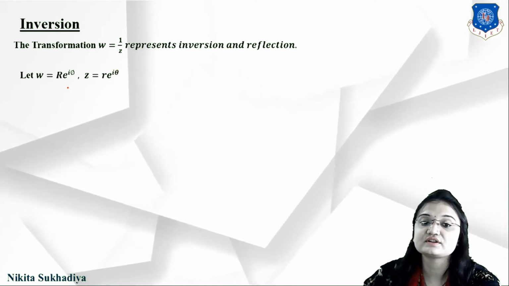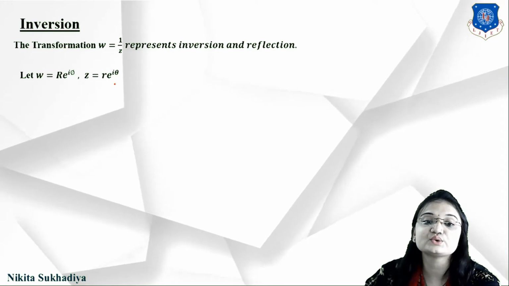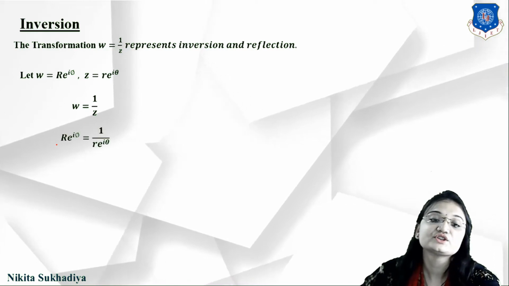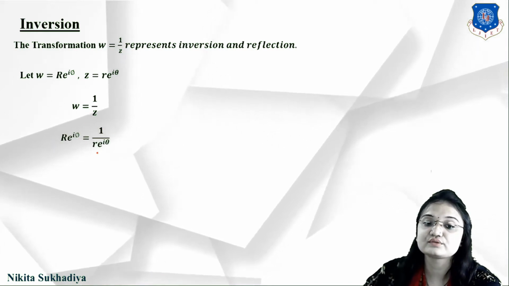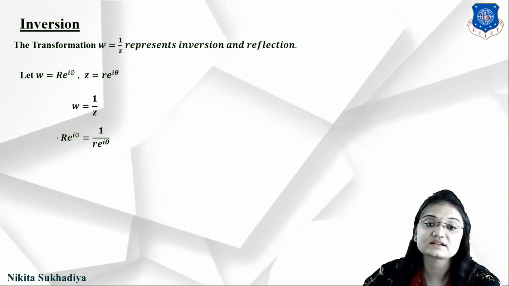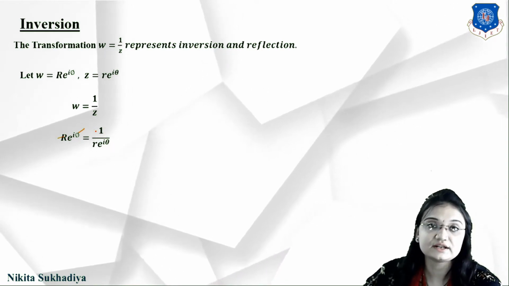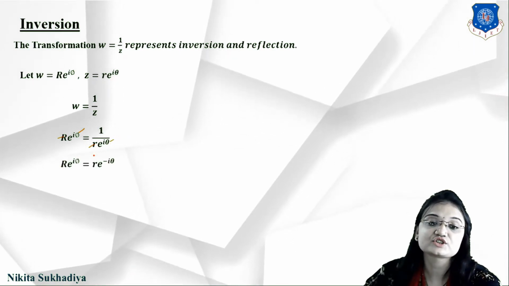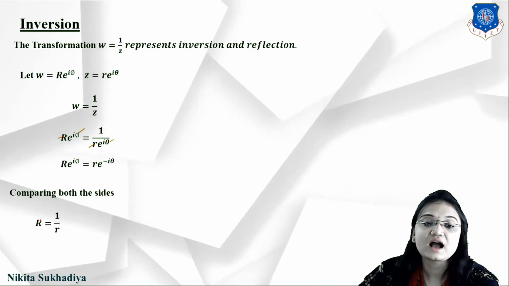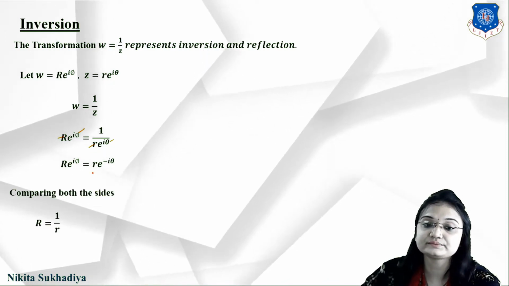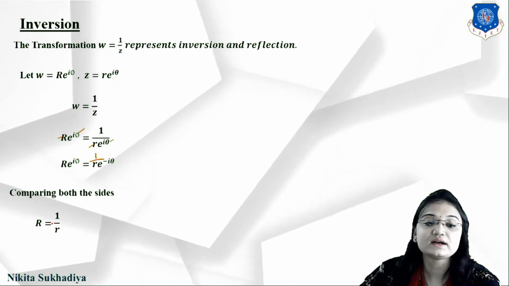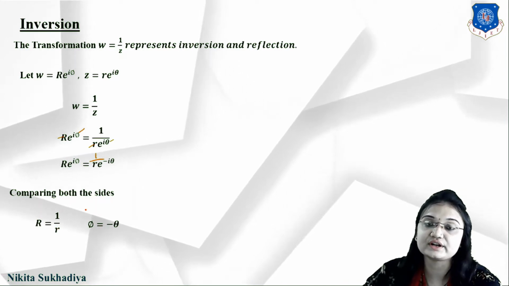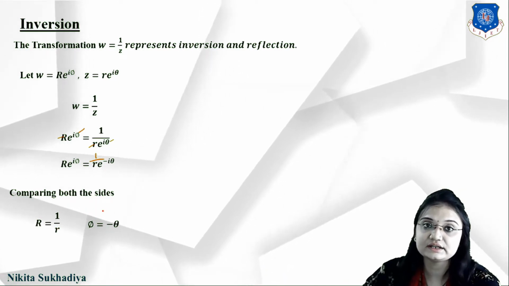Here we have W = R e^(iφ) and Z = r e^(iθ). Put W = 1/Z, so R e^(iφ) = 1/(r e^(iθ)). The left side is the representation of radius and angle in the W plane, and the right side is the representation of radius and angle in the Z plane. By comparing, we can say that R = 1/r and φ = -θ. So this is the representation of radius and angle φ in the W plane.